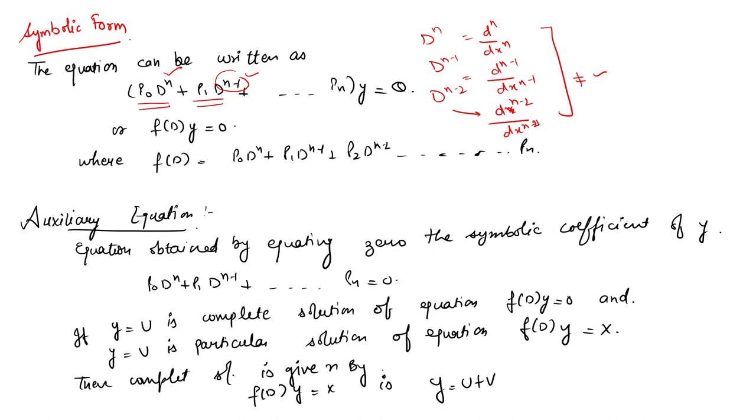What is the meaning of this? Let's see. If you have an equation like P naught d^n y by dx^n, P1 d^(n-1) y by dx^(n-1), P2 d^(n-2) y by dx^(n-2), up to Pn y equal to Q, this is our differential equation.